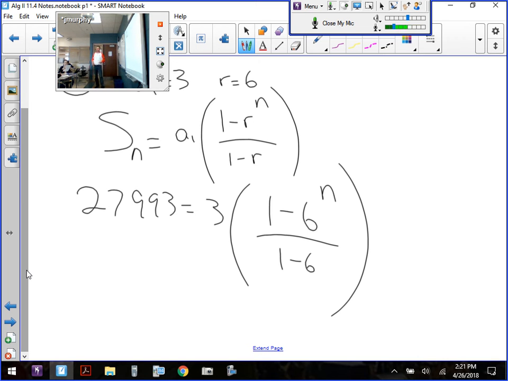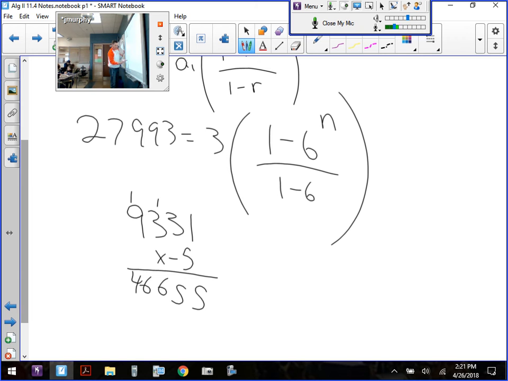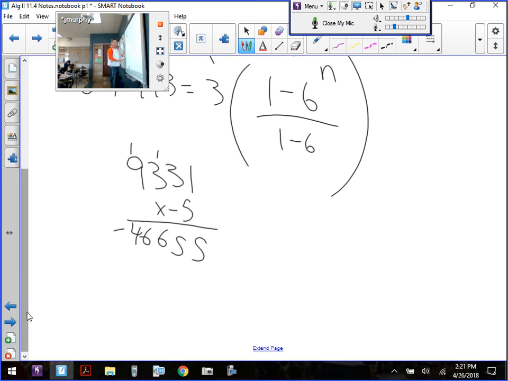First thing I'm going to do is divide out the 3, because I'm seeing that this is going to be clean. If I divide out by the 3, I get 9331. Then I have to multiply that by negative 5. So I get negative 46,655, and that equals 1 minus 6 to the n.